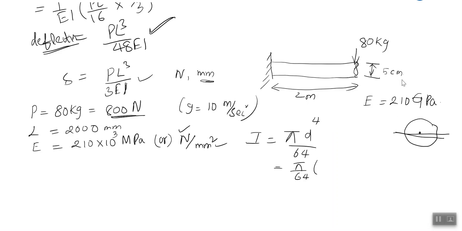The diameter is 50 mm, so 50 power 4. If we do this, we will get 306919.6 mm power 4.